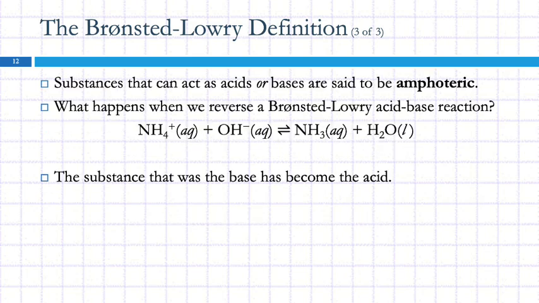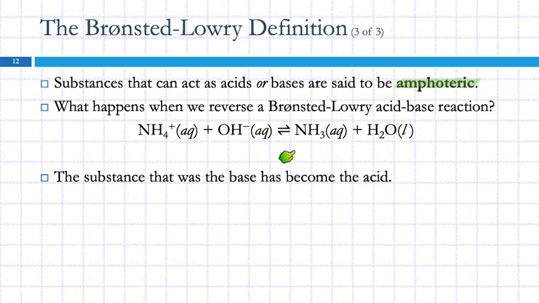Some substances can act as acids or bases, and they are said to be amphoteric. So that's a funny word. Amphoteric. Ampho like amphibian, right? So if we look at an acid-base reaction in reverse, this is just the reverse of what happens when ammonia is dissolved in water. We see that we have ammonium ion and hydroxide ion.